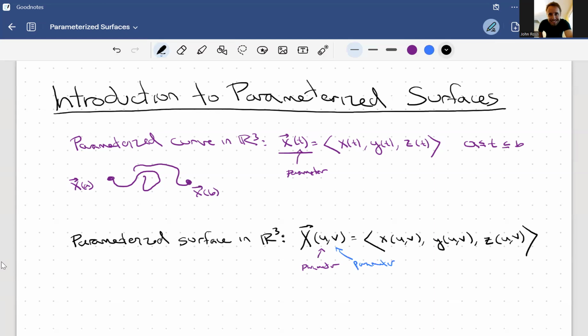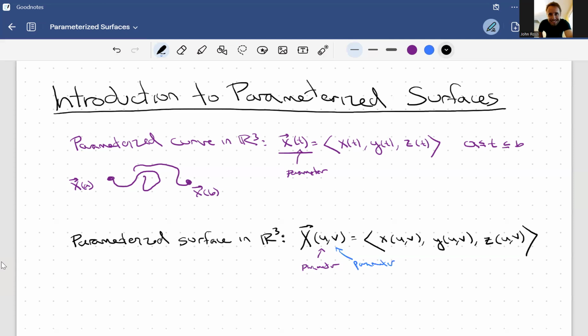I will specify, because I don't think it's clear, we will often use the x as a capital letter X for a parameterized surface. So capital X of u comma v. And now this is, again, just a vector-valued expression. There are two parameters, so two inputs, but there are still just three coordinates as outputs. So an x, y, and z, depending on u and v.